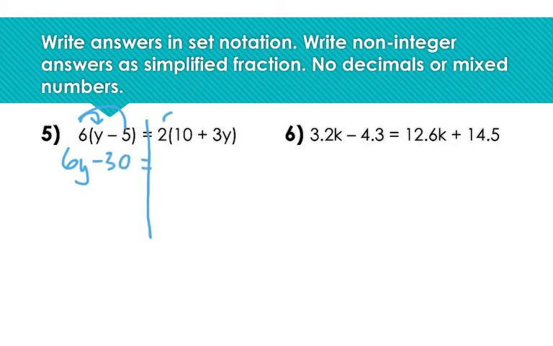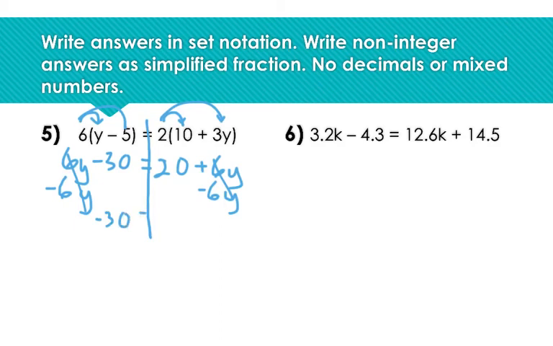And now we'll distribute the 2 to the 10, which is going to give us 20, and the 2 to the 3y's, which will give us 6y's. Next thing is we want to get the y's to the same side, so I'm going to subtract 6y's from both sides of our equation. And here all of our y's are eliminated, so we have negative 30 equals 20.